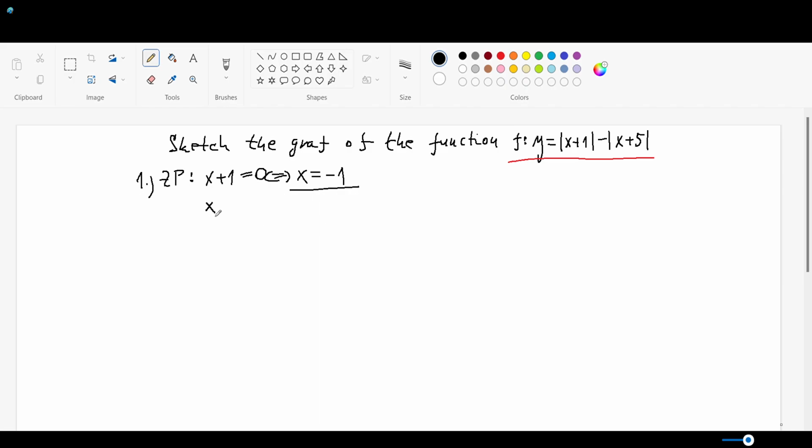The second 0 point can be found from the expression in the second absolute value, which is this one. You look for the solution of the equation x plus 5 equals 0, and this is if and only if x is equal to -5. So I have my 0 points.